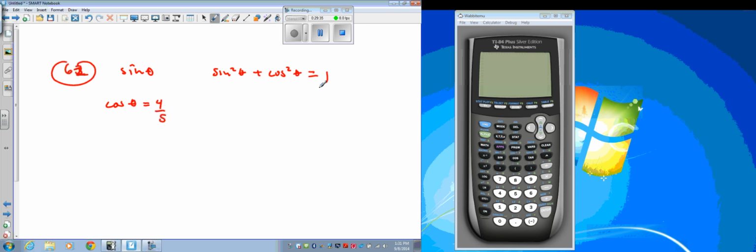And how can you use this information so that you can get sine out of that? So if you go sine squared equals 1 minus cosine squared, sine is going to be what? The square root of it, right?